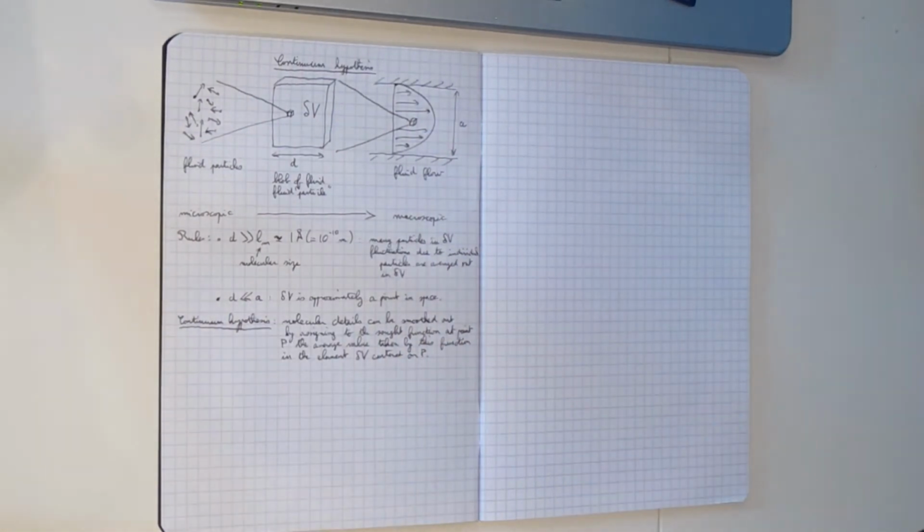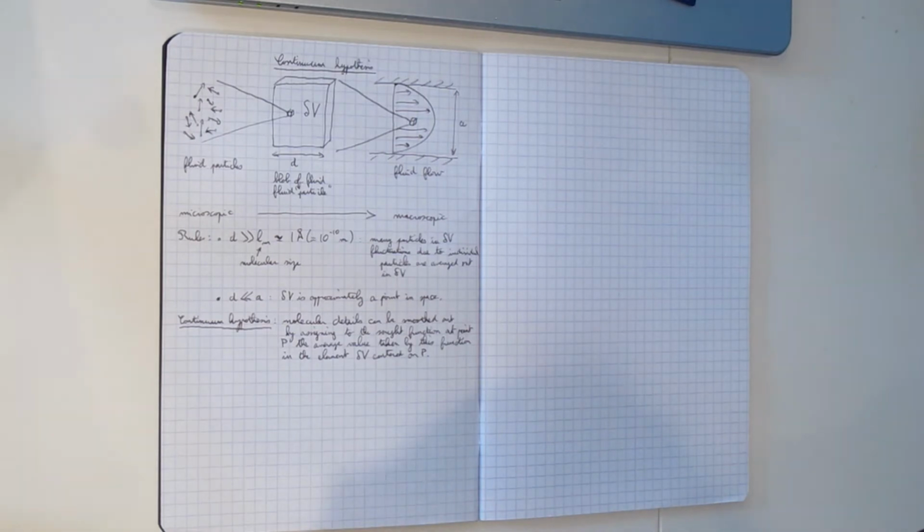So essentially what we are going to do here is take the value of that function for all the particles that are within our blob of fluid. We're going to average all this out, and we're going to say that the velocity, for instance, in that blob of fluid is equal to that averaged value.